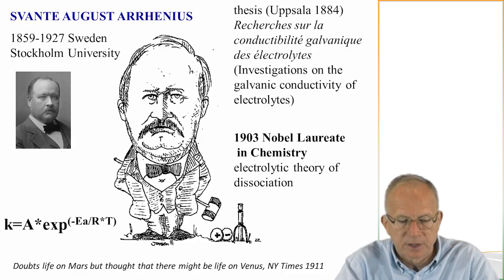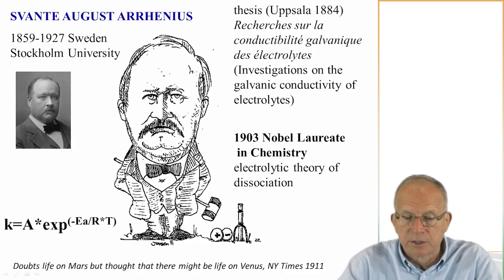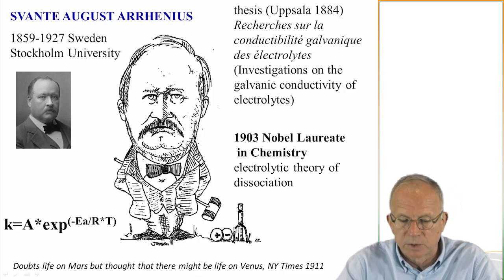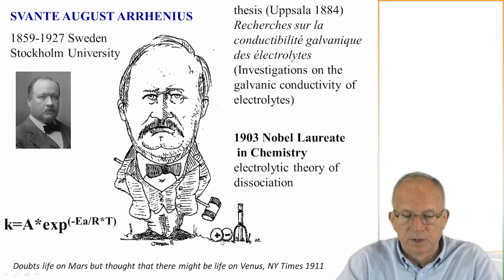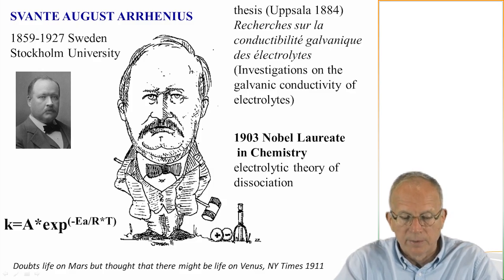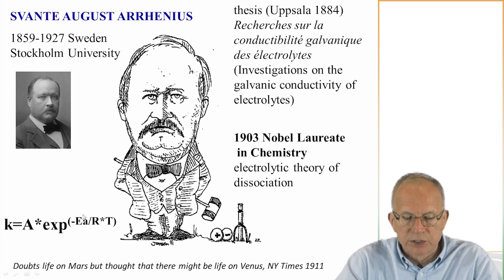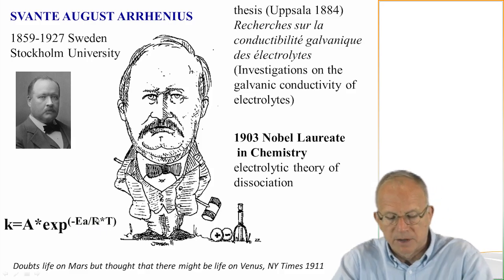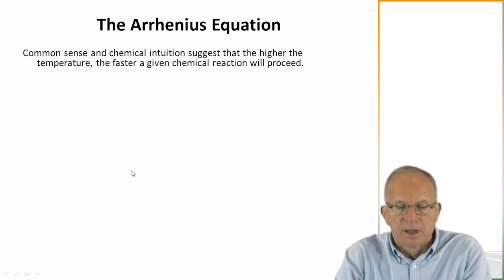So Arrhenius, who thought of this temperature-dependent equation, actually won a Nobel Prize for his work on electrolyte theory of dissociation, so that things go into ions in water. In any event, this equation here shows the thermally activated relationships.